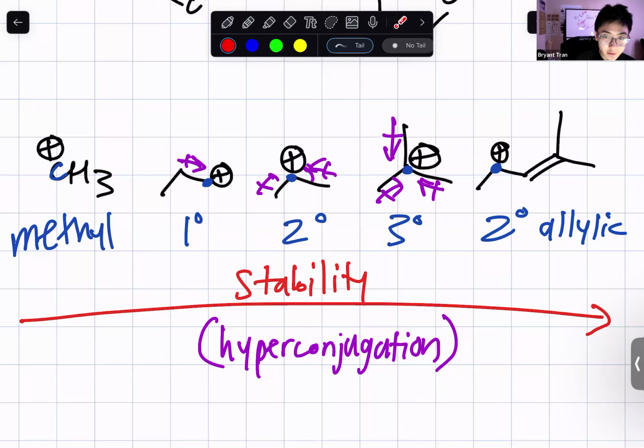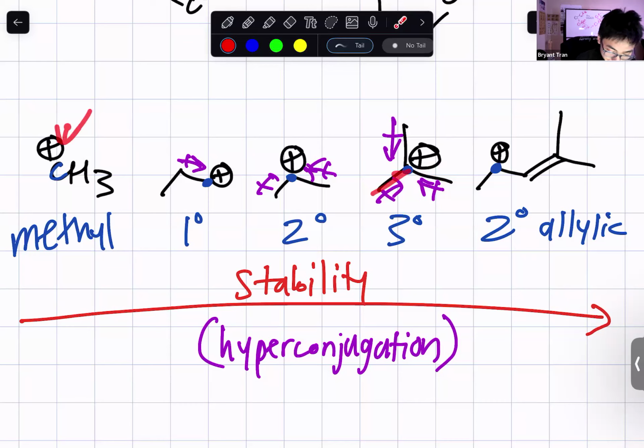Electrons are negatively charged, carbocations are positively charged. So when this carbocation has more R groups attached around it, it's supported by more electrons. You could think of it as more friends. This carbocation here has the most friends around it, making it the most stable.